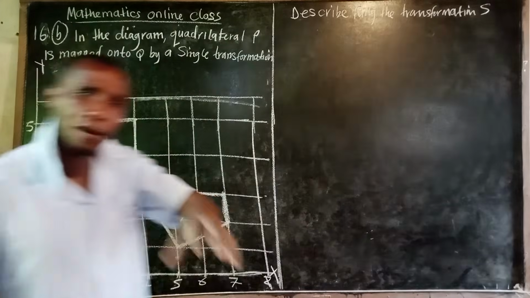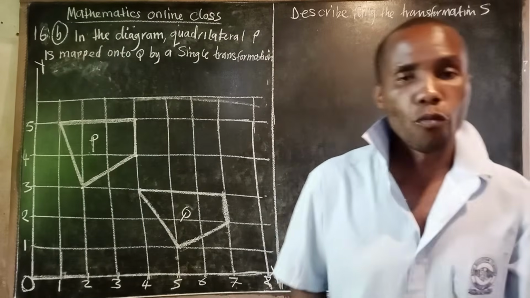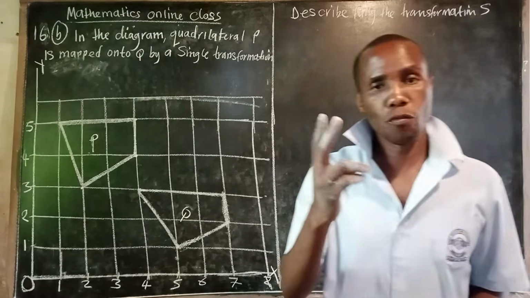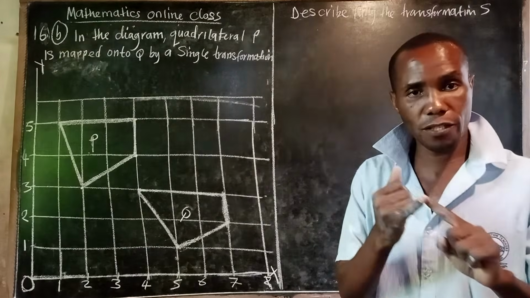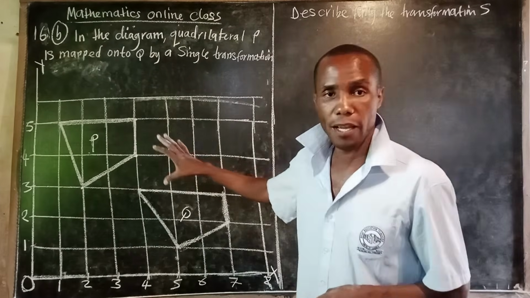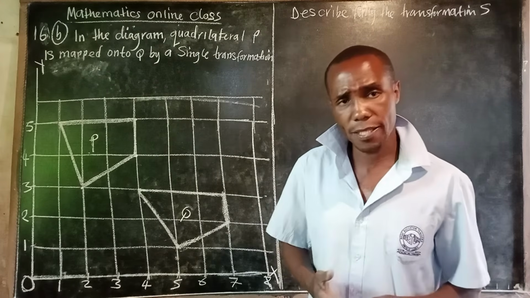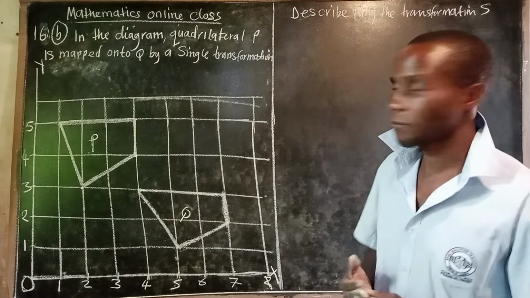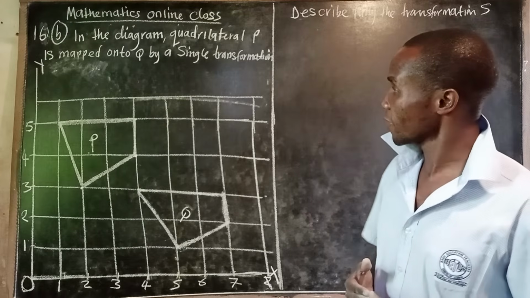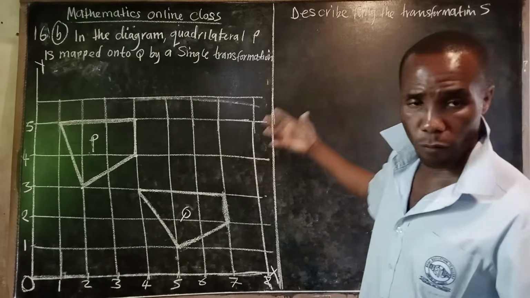Okay. So now when finding the translation vector, we actually have two methods that you can use. The first one is the counting method, whereby we can just count here, then you come up with the answer. Then the other one is the formula method.